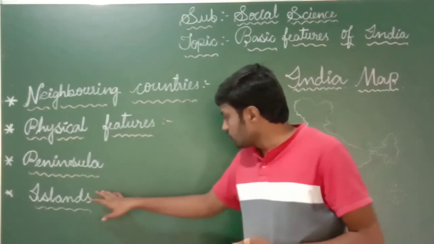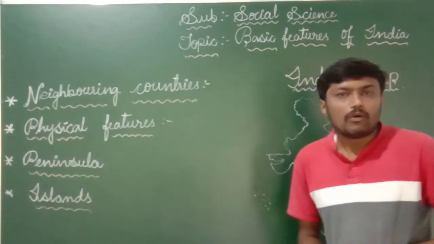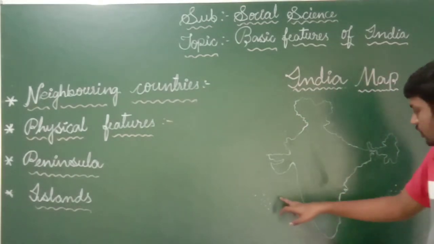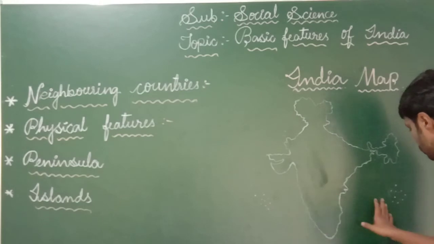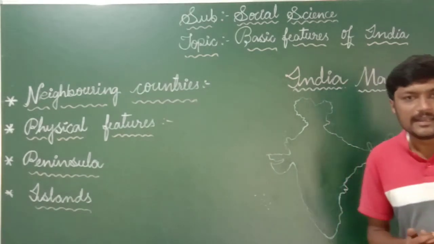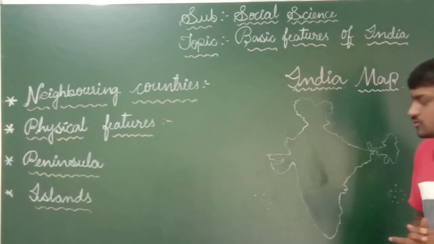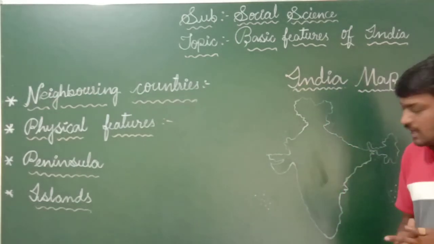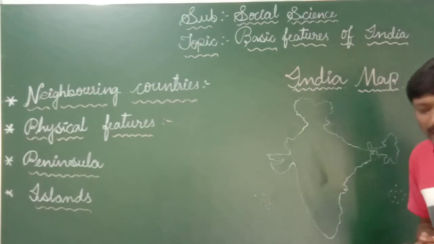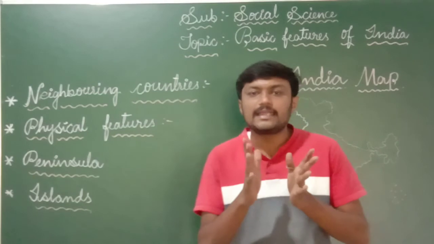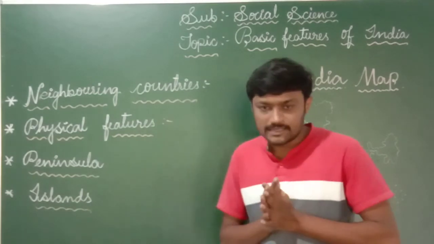Next we shall move on to the islands. What do you mean by islands? Here I have mentioned some small dots. These are the 2 islands which are administered under the Indian government or Indian constitution, but they are a little far from our nation. Islands are small land masses which are completely surrounded by water bodies.